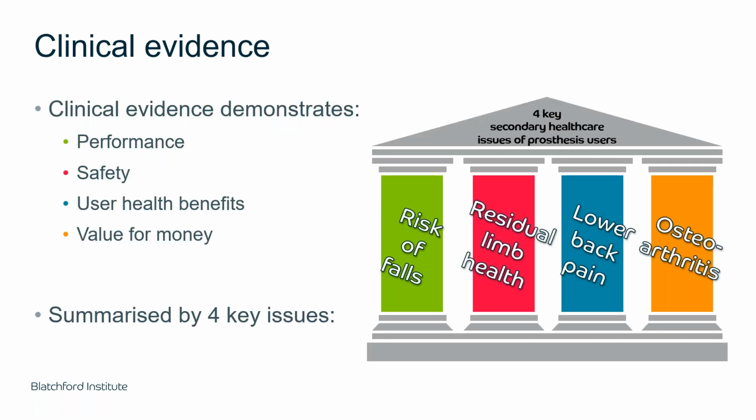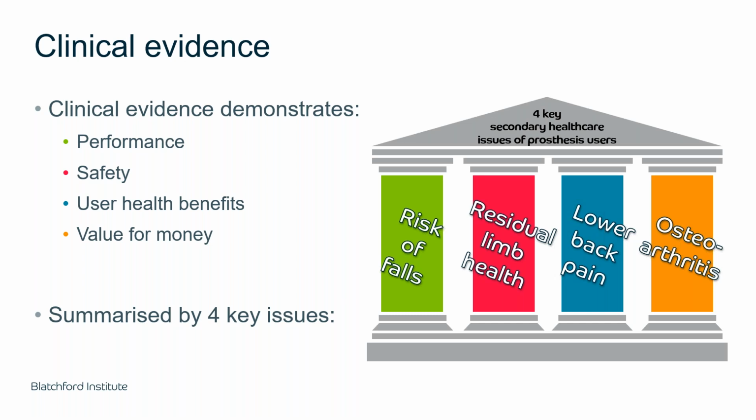So I'm going to hand over to Dr. Mike McGrath, who's going to begin looking at the clinical evidence. Thank you very much. So as Laura said, the key focus today is going to be on clinical evidence. So what is clinical evidence? It is scientific published information that can be used to demonstrate the performance and safety of a given prosthetic technology.